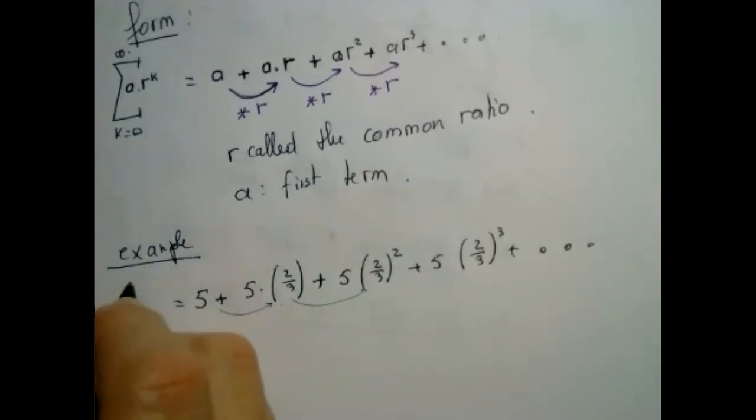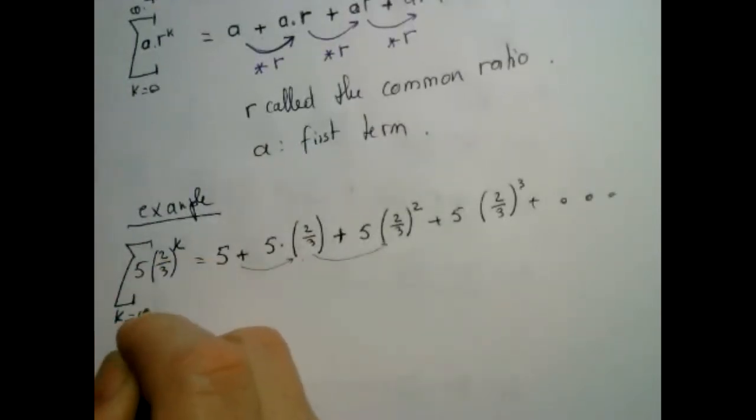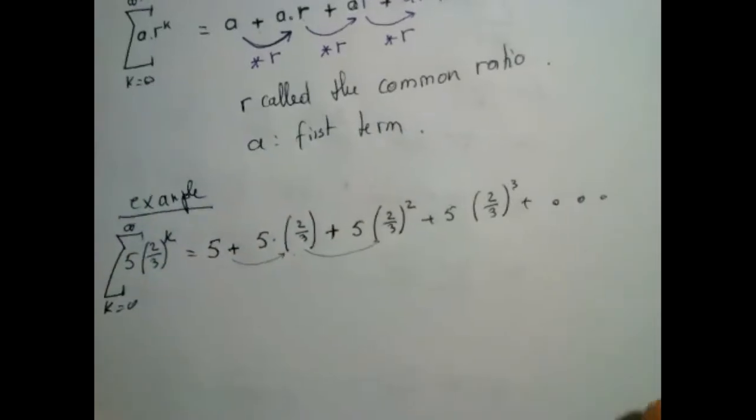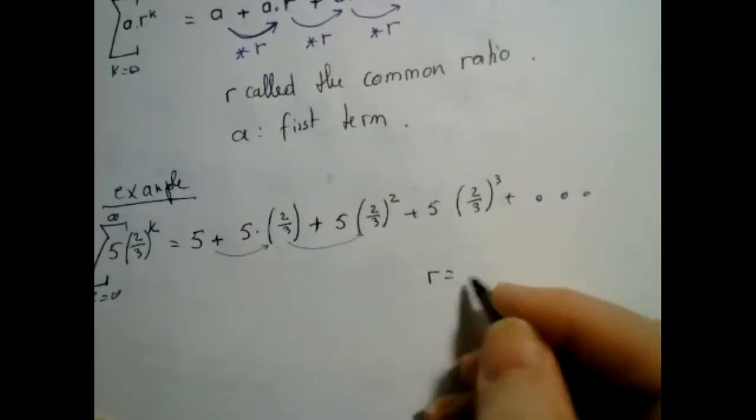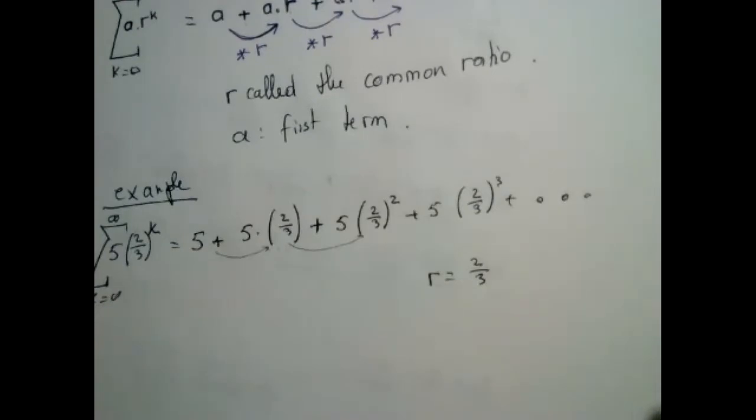So that's the sigma of 5 times (2/3) to the power k, k equals 0 to infinity. The ratio here is 2/3, and the first term is 5.